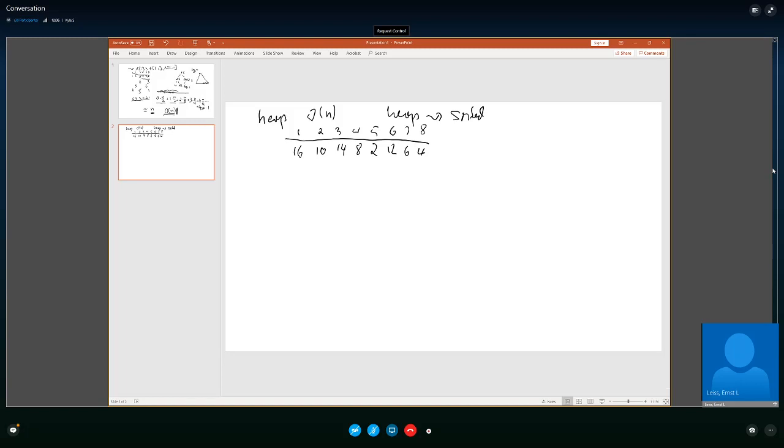Now, we've already said that the fundamental property of a heap is that the first element is the largest element. And so what do we know about this first element?